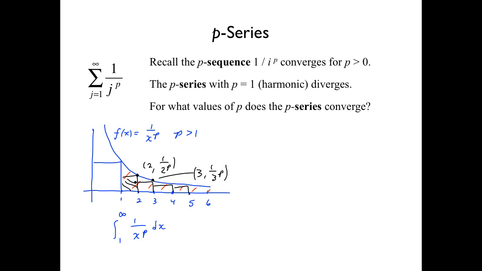So this area right here is 1 times the area of base times the height, which is 1 over 2 to the p. So that area right there is the second term of the sequence. And this area right here is the third term of the sequence. And the fourth term.